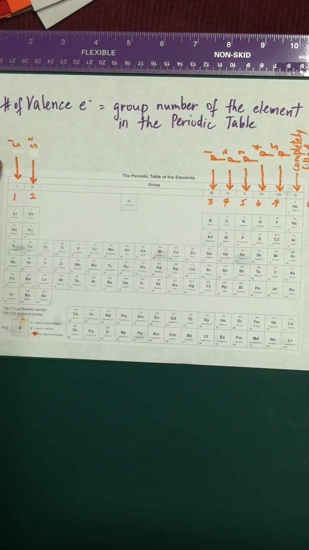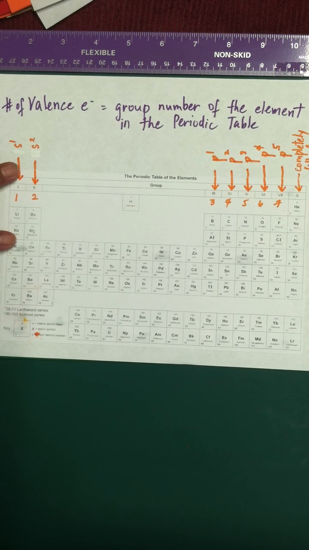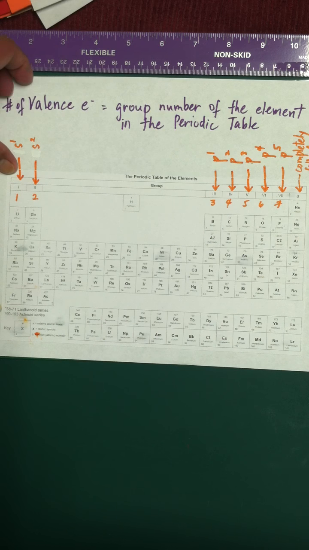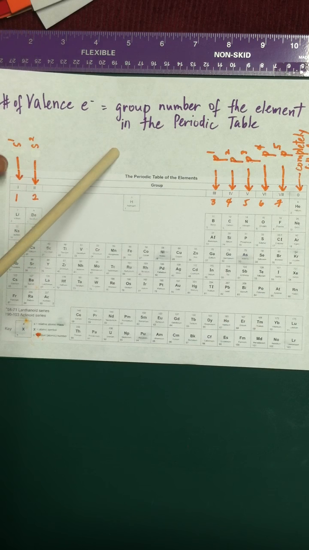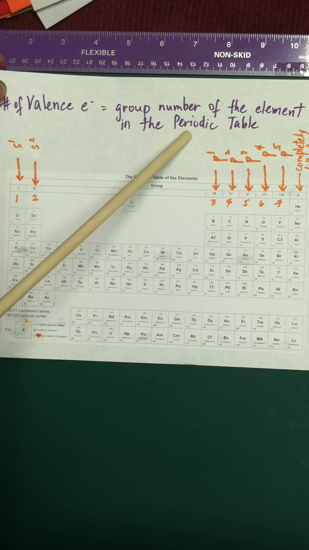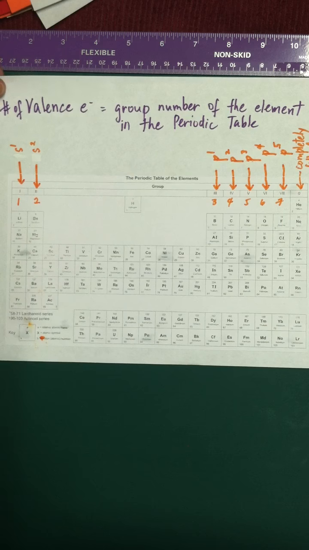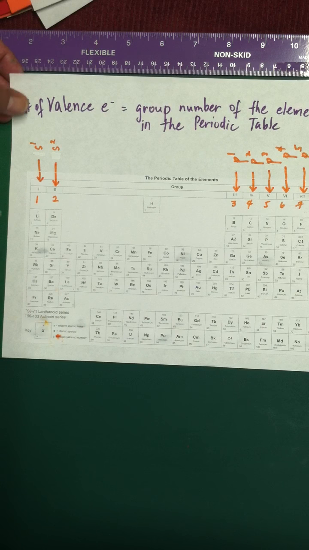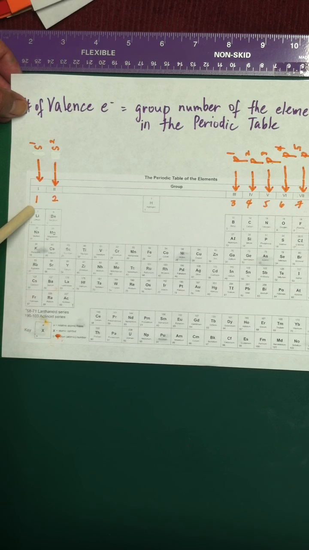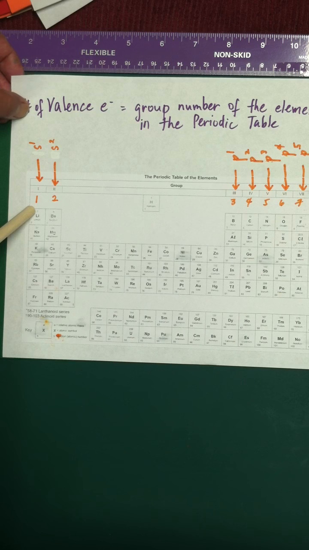So I want you to make these notations in your periodic table. Valence electrons is equal to the group number of the element. Group 1 elements have 1 valence electron, and the electronic configuration ends with an s1.